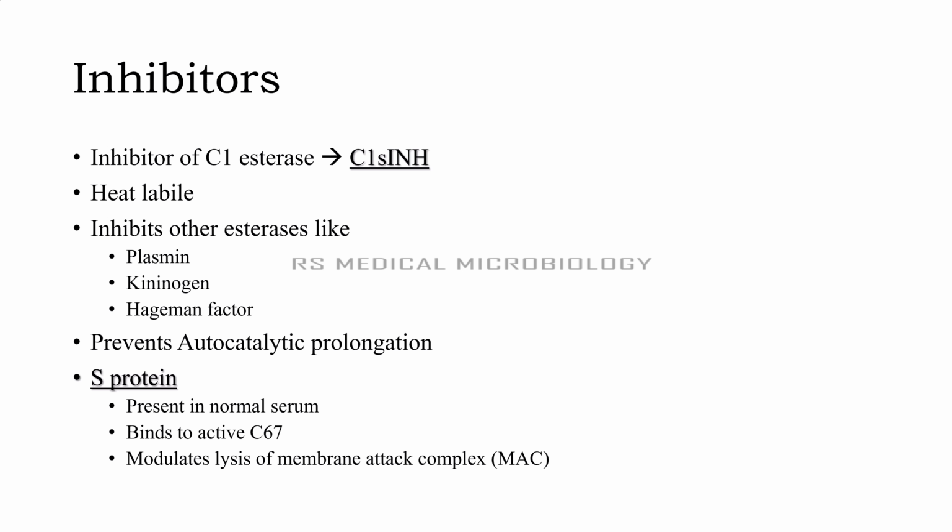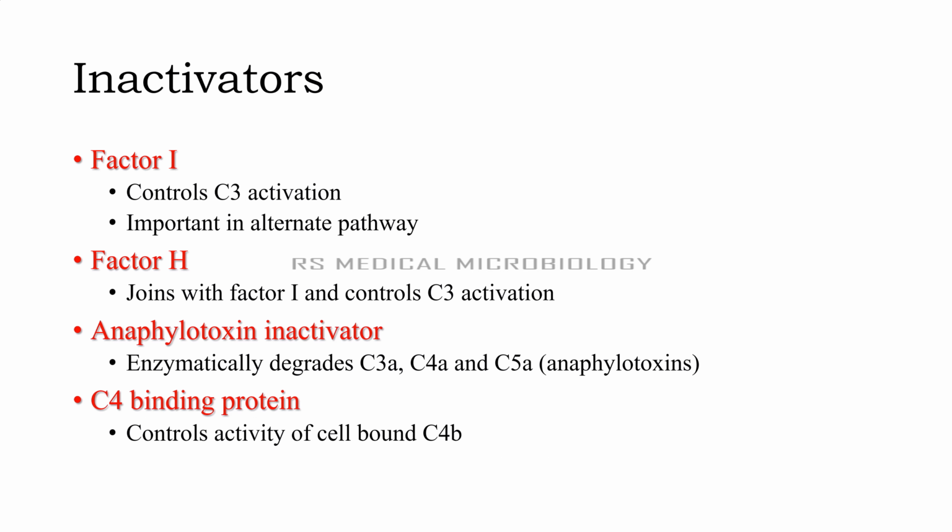So what it will do, it will not allow the cascade to proceed. There's an S protein which is also present in the normal serum, which will bind to the C6, C7 after the formation of the membrane attack phase. So there it will slowly lyse the membrane attack phase itself, so there's no formation of membrane attack complex.